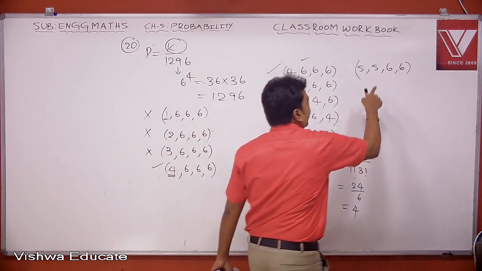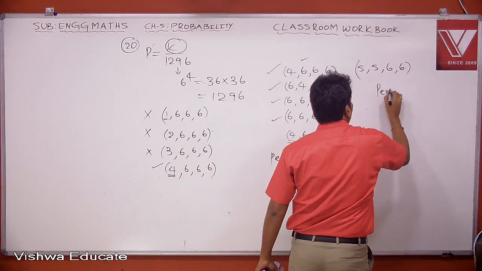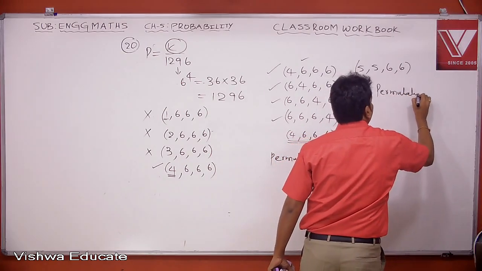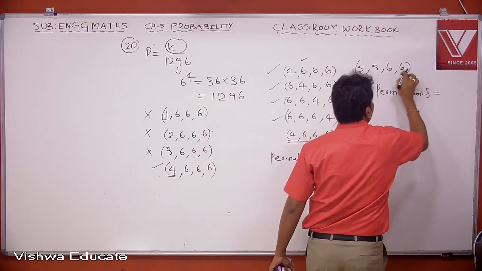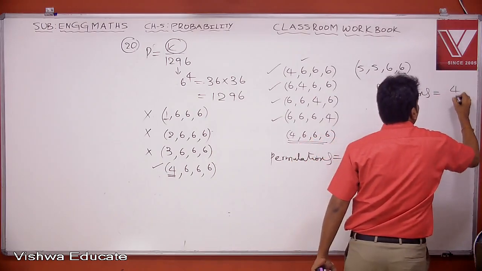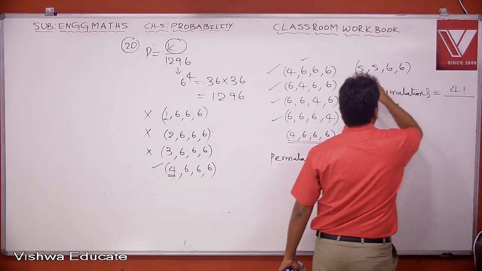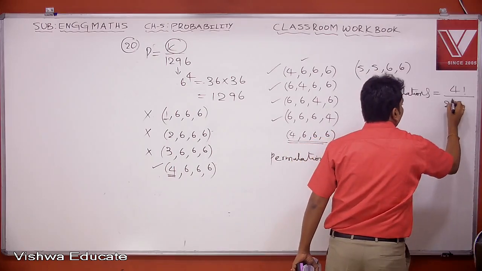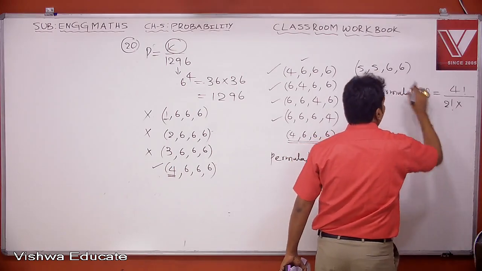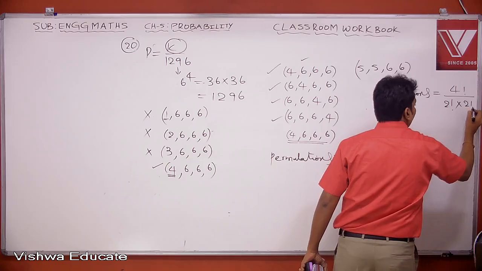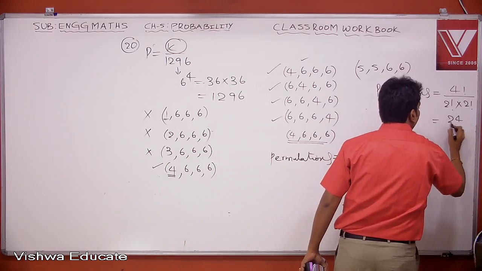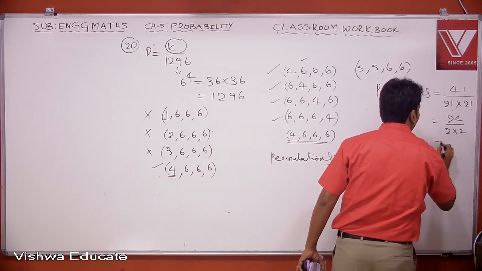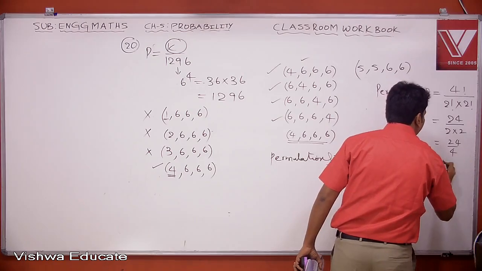Similarly, when you go to this, the required number of permutations: how many symbols do we have? 4 symbols. So it is 4 factorial divided by, but 5 is repeated twice, so 2 factorial, and 6 is repeated twice, so 2 factorial. 4 factorial is 24 by 2 into 2, so 24 by 4, this is 6.